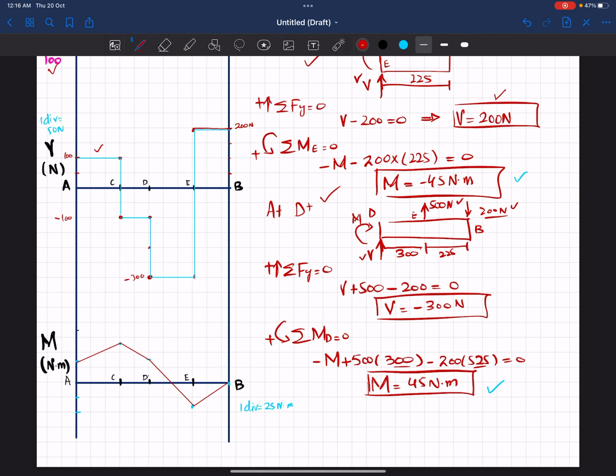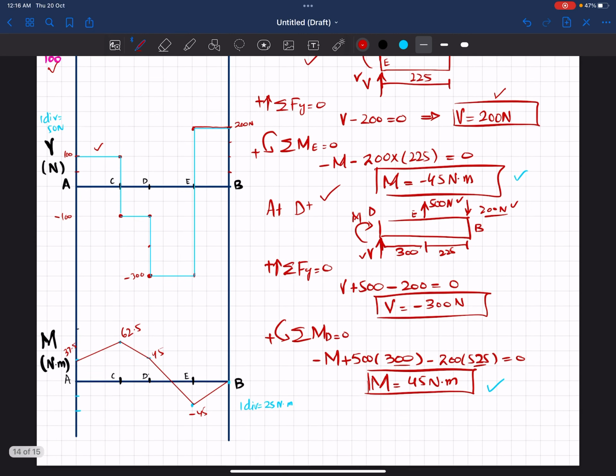So this is 62.5, this is 45, this is minus 45, and this point is 37.5. This is the way we can draw the shear force and bending moment diagram.